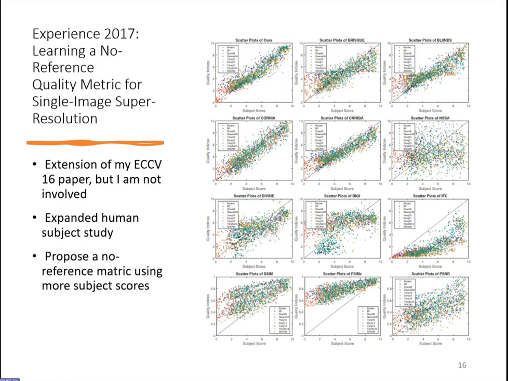So he tried to develop a method where you no longer need a reference image. So there is a no-reference method to evaluate the quality of images, and he published it in another journal paper.